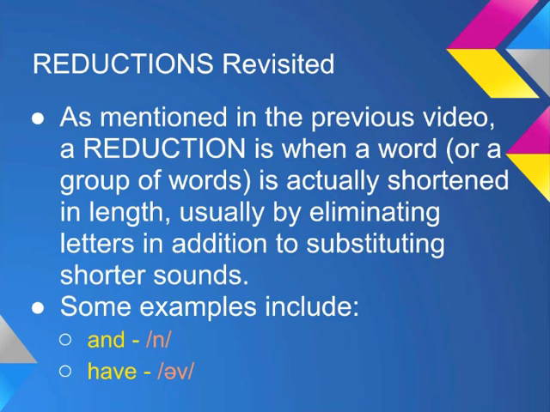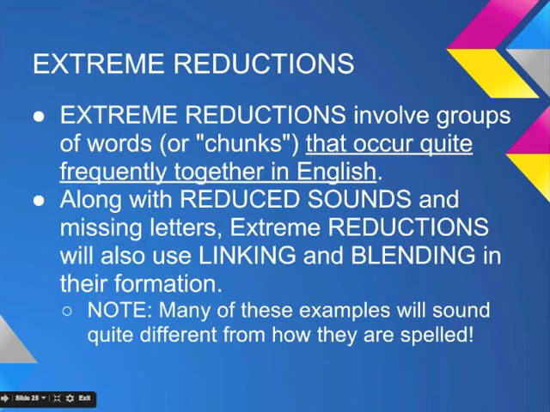Some examples include and, which becomes n in some cases, and have, which becomes of. Extreme reductions involve groups of words or chunks that occur quite frequently together in English. Along with reduced sounds and missing letters, extreme reductions also use linking and blending in their formation.